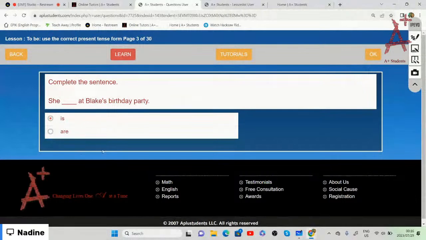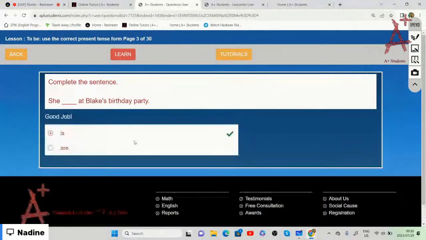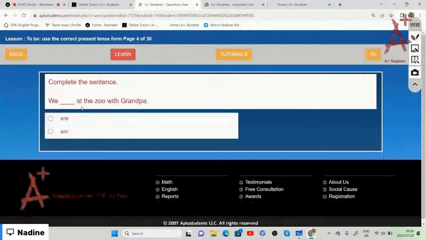And remember we said when we use is, it's like we are referring to one person, place, or thing, an animal. And we use are when we're referring to more than one person, place, animal, or thing. Good.